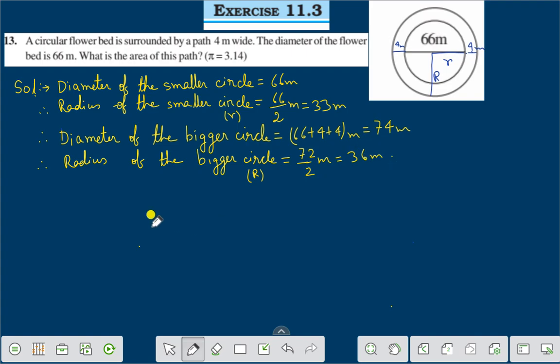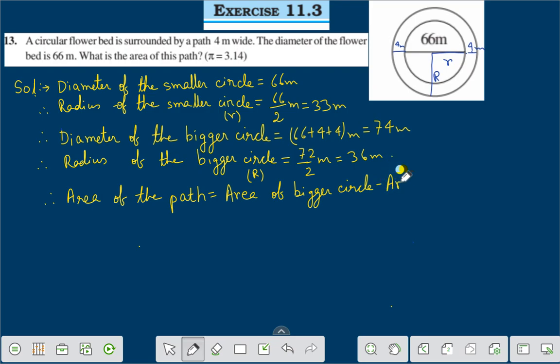Now area of the path is equal to area of bigger circle minus area of smaller circle.